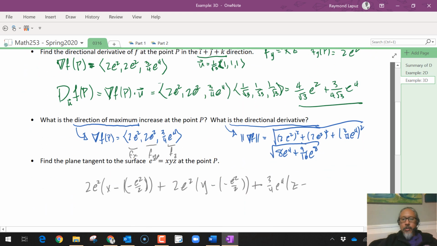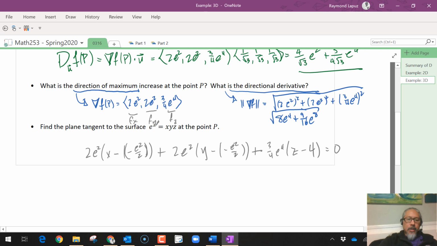It is equal to 4. And then that's it, equal to 0. You can choose to solve for z if you want, or you can just leave it like this. You can also simplify if you want. But let's see how this will work out. So there's not much simplifying to do. You can make these positive, but that's about it, I think, in terms of getting an exact formula.